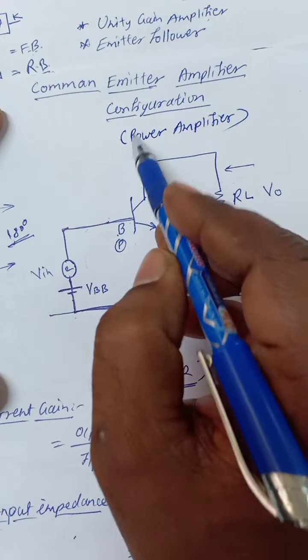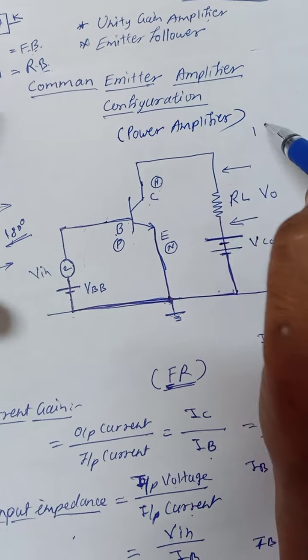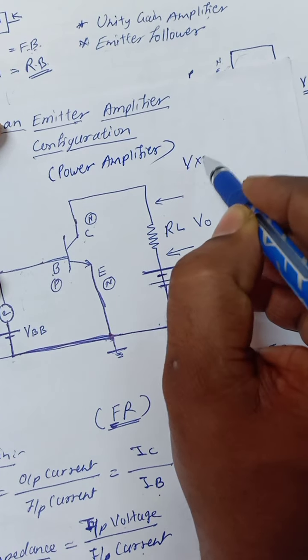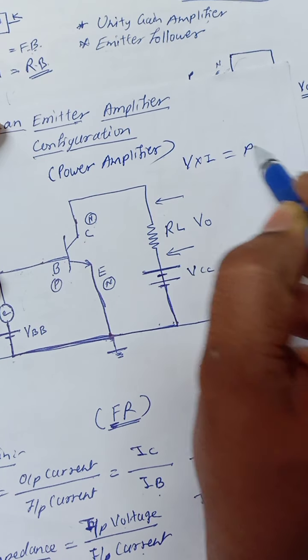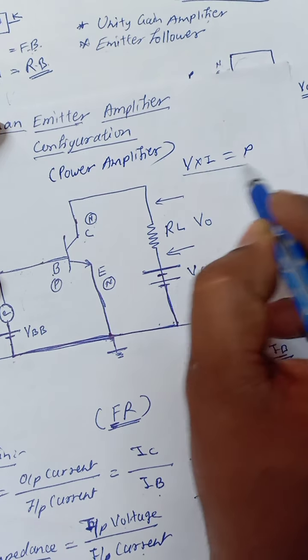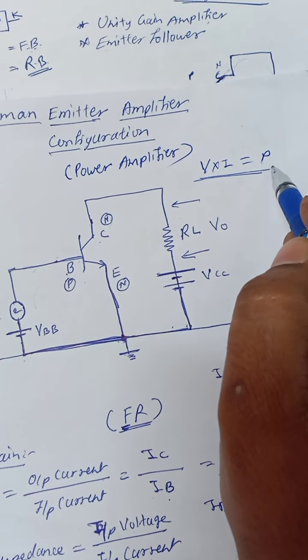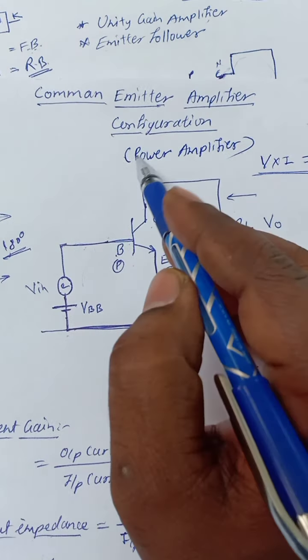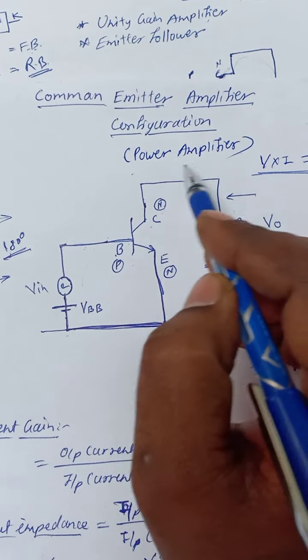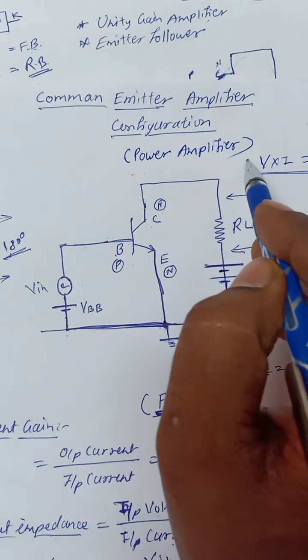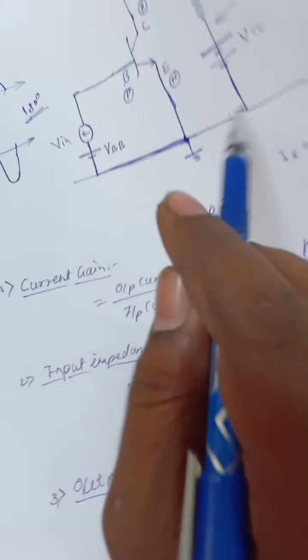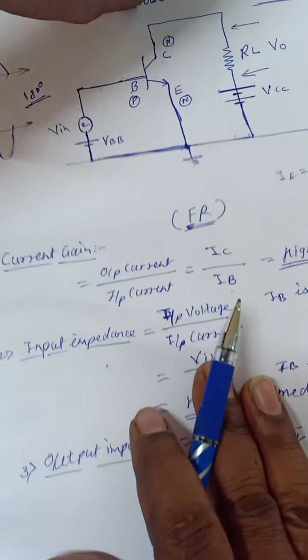Voltage and current: V into I is power, so this power is amplified with this configuration, and therefore it is called a power amplifier. So this is the most important.